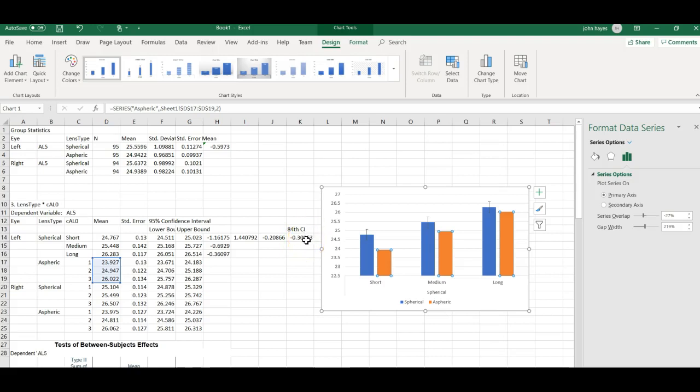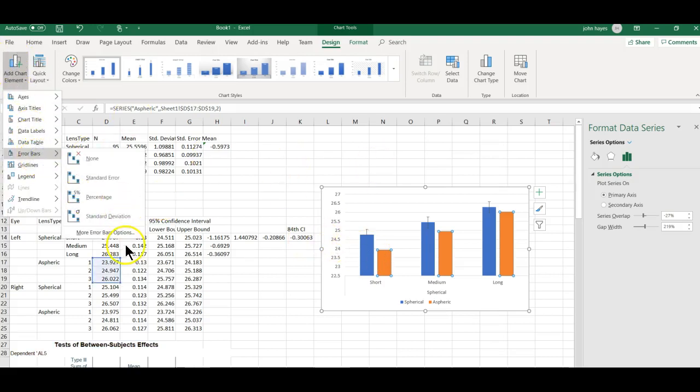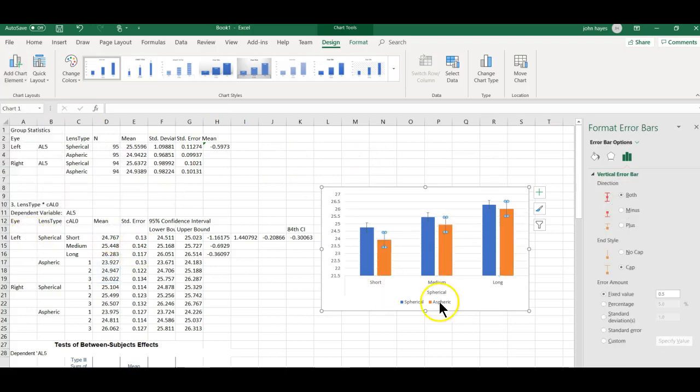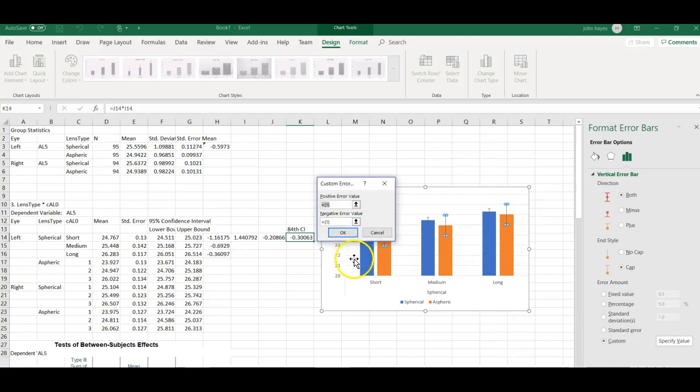So we want to add error bars, custom, and so it's this value and this value again. Even though it's an interval, you only need to click on this, the difference between the mean and the top.